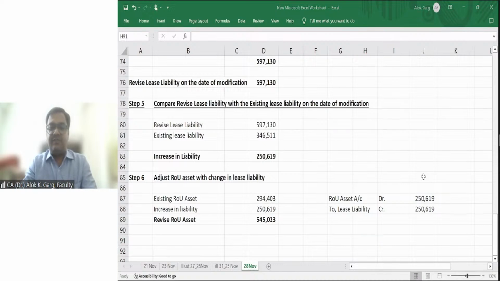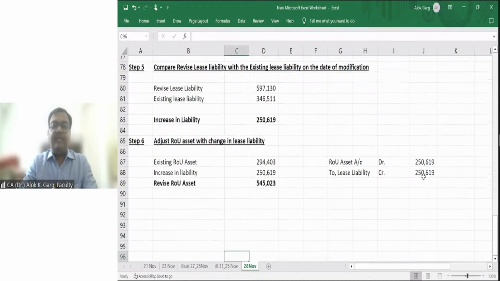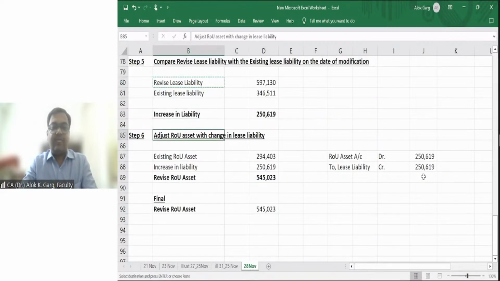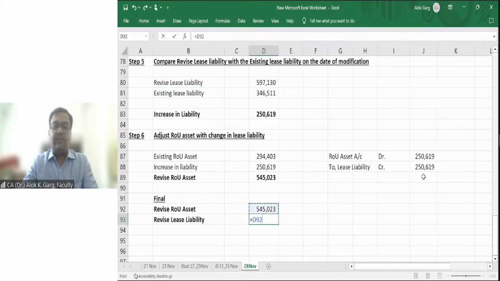250619. Finally, at the end of year 6 or beginning of year 7, your revised ROU asset comes out at 545023. Your revised lease liability comes out at 597310.